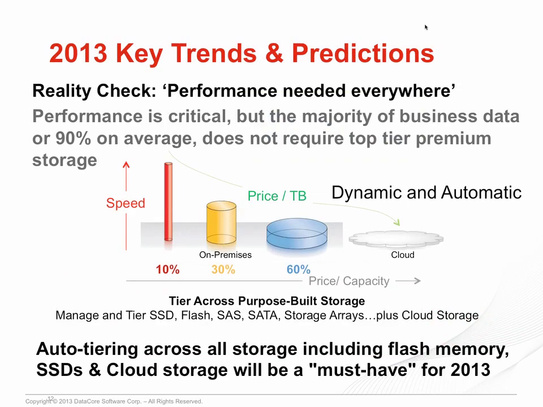In reality, in 2013 and 2012, when we did some surveys, and of course we realized performance was critical, out of 100% of your data center, just 10% needs high-speed disks, and 90% doesn't. So basically, if you had to put some classes into disks, 10% could run on SSDs, 30% could run on SAS, and 60% could run on SATA drives.